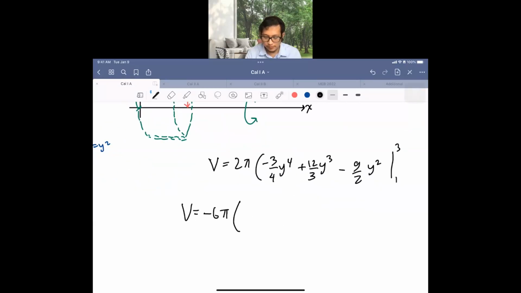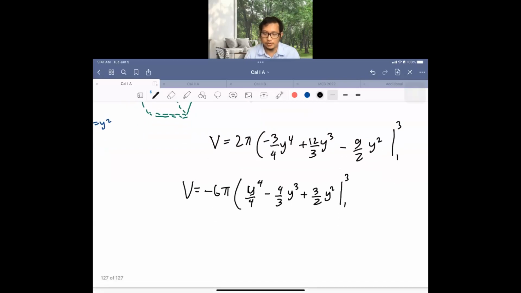Take negative, so 1 over 4 y to the fourth, and then 4 over 3 y cubed, and 3 over 2 y squared, to make it easier to calculate.